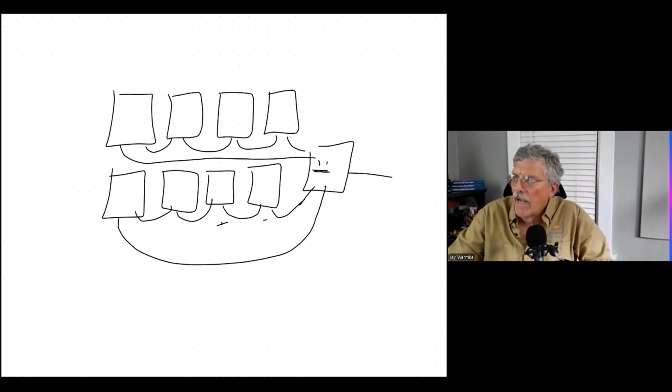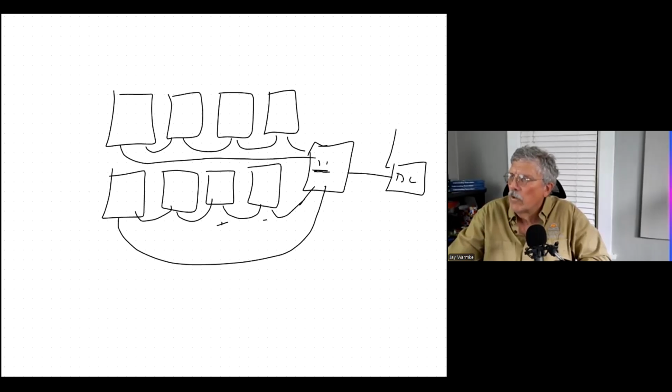So that's a combiner box, where you're taking multiple strings and combining them in parallel in the box. Then first it goes to a DC disconnect, which is generally connected to an inverter. So this would be a string inverter system. Now, where is the MPPT in all of this?